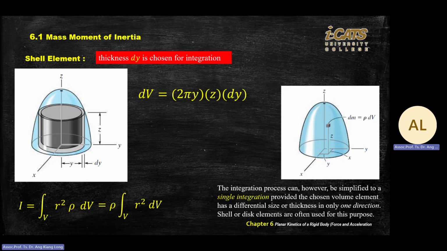I hope you agree, dv volume equals 2 pi r. Your r is in this direction. Your center is at the center of the object. Your y is this direction, z direction, x direction. If you use the shell element, you are using dy.